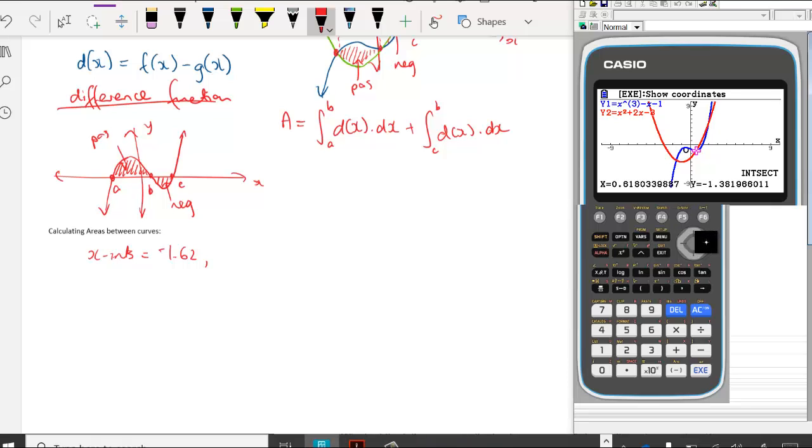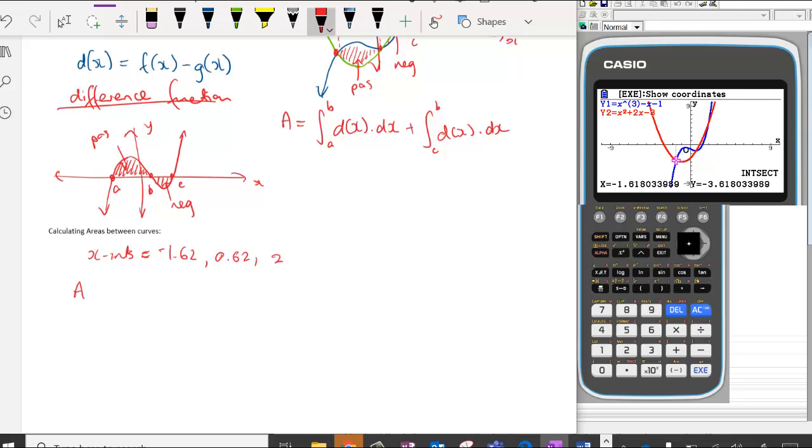And we go across, and we've got 0.62. And we go across, and we've got 2. So check those, 0.62 and 1.62. It's all approximate in this case.